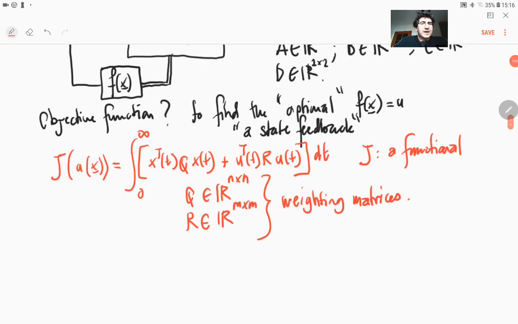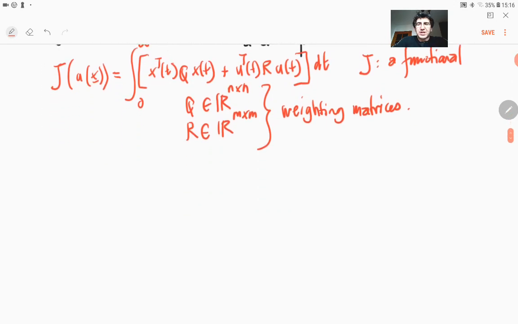So the way we defined it, J is a quadratic function. Why?